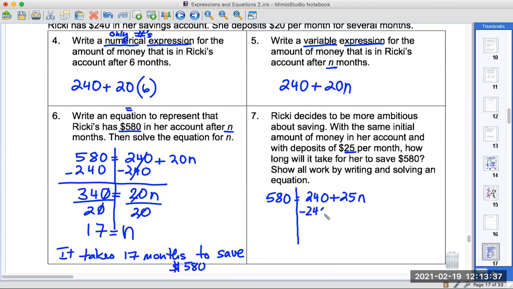Same thing. $580 minus 240 is 340. 25n. So the only thing that changes is we're dividing by 25. We want to know how many groups of 25 can we form. And it's less, 13.6.